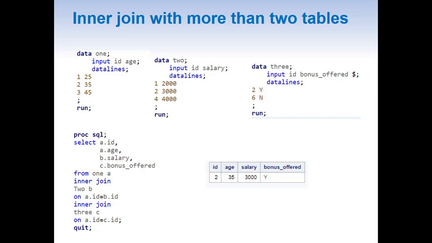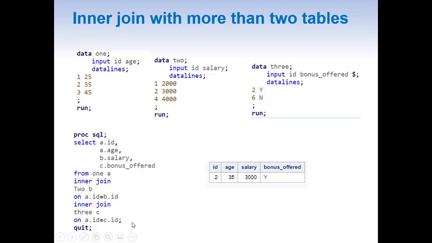Our code for the first join is very similar, wherein we say from 1A inner join 2B on A.id equal to B.id. This is what we have seen before. So we are writing our first join wherein we are joining our A table to B table.